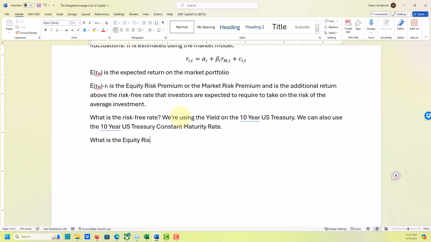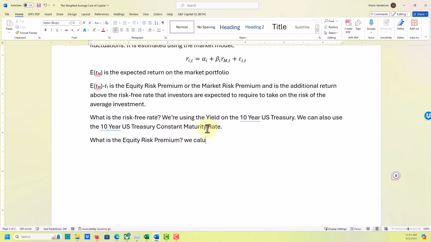So what is the equity risk premium? Well, up here I have a definition of it. It is the additional return above the risk-free rate that investors are expected to require to take on the risk of the average investment.